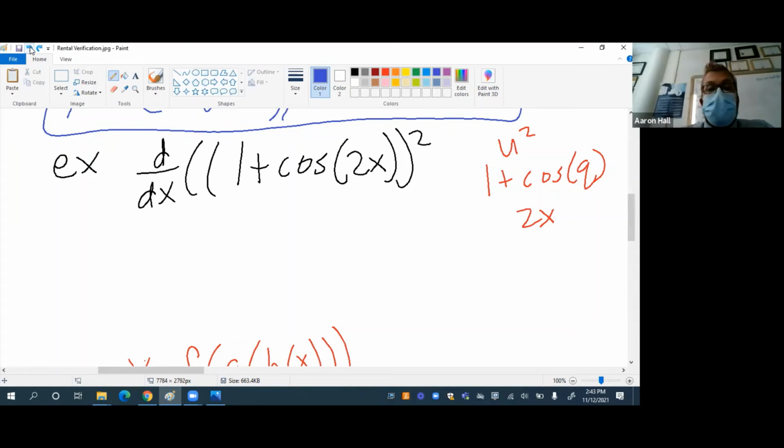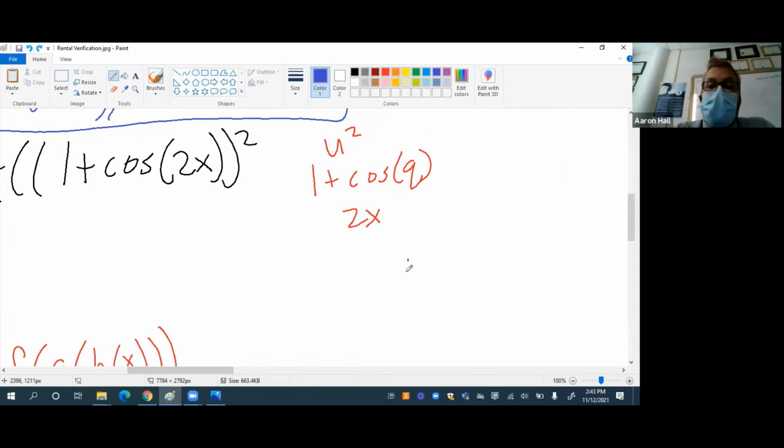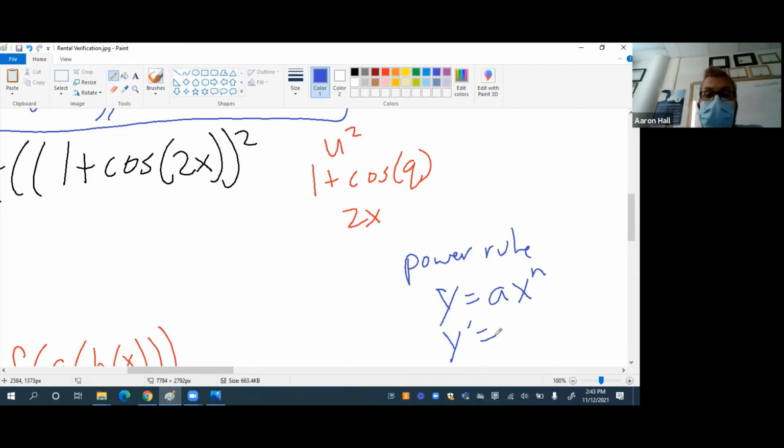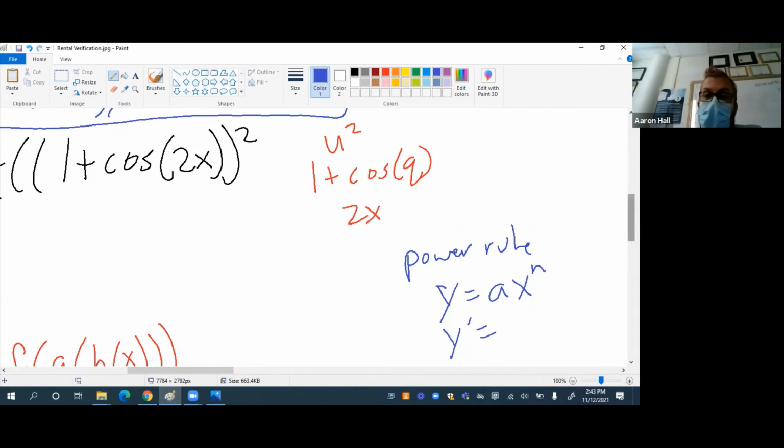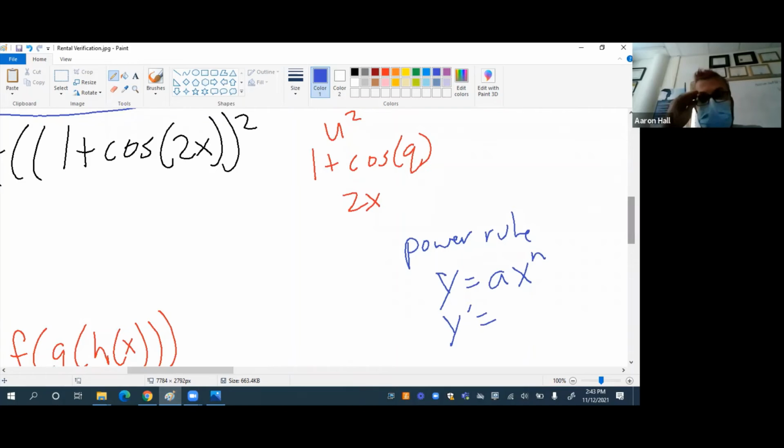So when we do the power rule, when we have something like y = a times x to the power of n, what is the power rule? The derivative would be what? Oh, that's a n x to the power of n minus 1. Nice. Yep. So we're going to do the same thing over here.